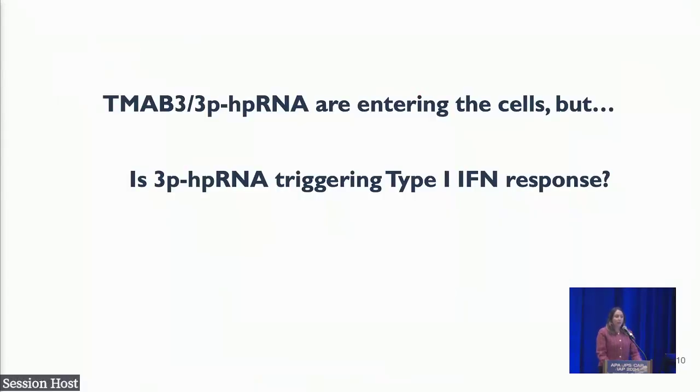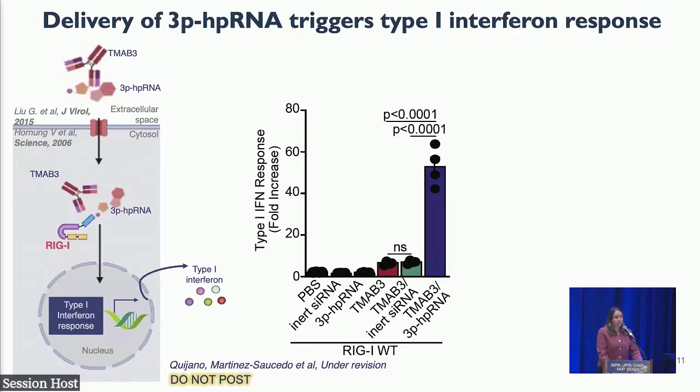Now, sure, we are reaching the cell and delivering the RNA, but are we really triggering the type 1 interferon response that we wanted? In the previous studies that I was telling you about, the short hairpin has been described to be recognized by RIG1, and the consequence is that RIG1 then activates the type 1 interferon response.